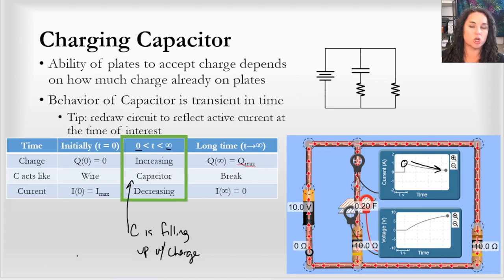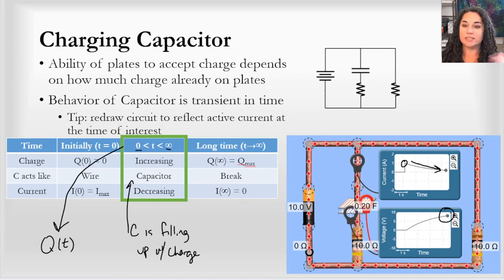As it increases charge, it increases voltage across the capacitor. And so that's what we're seeing over here: a decreasing current and increasing voltage over that capacitor. I'll talk about the equation. There's an equation you can use, Q of t, which is appropriate for between 0 and infinity.